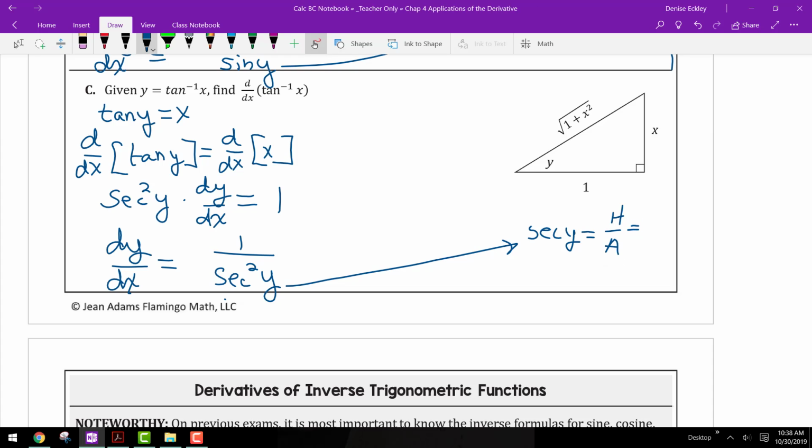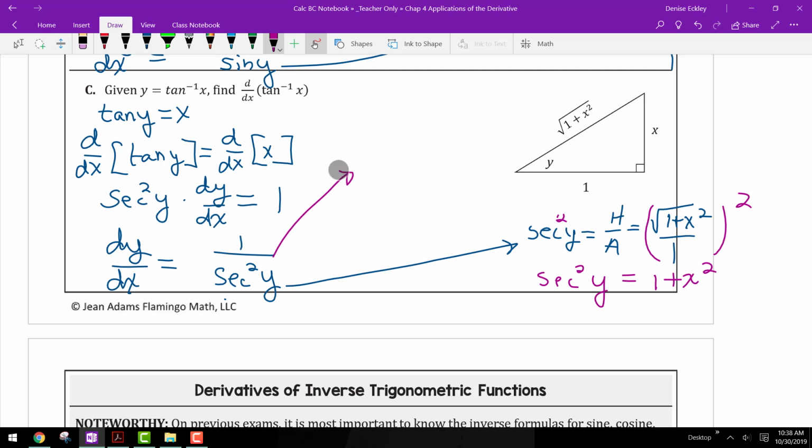So that is the square root of 1 plus x squared over 1. But we want to square this because we want secant squared. So we get 1 plus x squared.